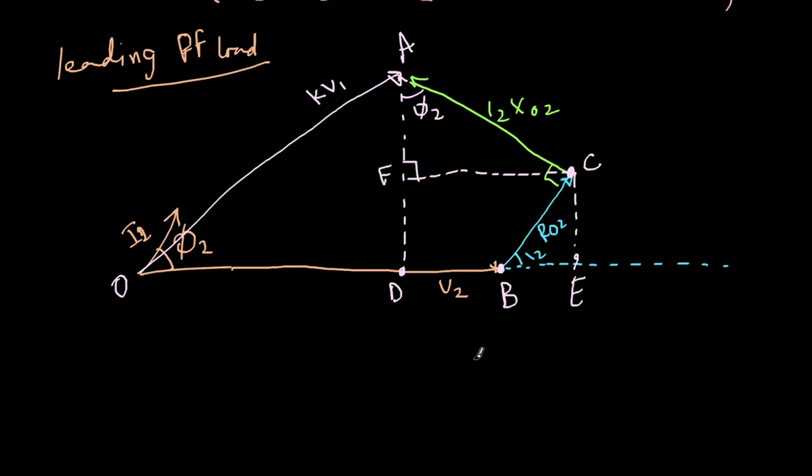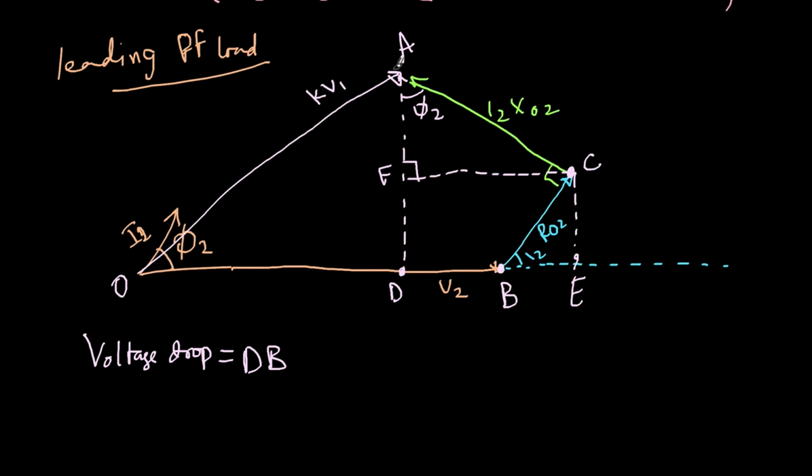So I'm interested in voltage drop. So what is voltage drop? Voltage drop is nothing but the difference between V2 and V1, kV1. So here the voltage drop is actually dB.